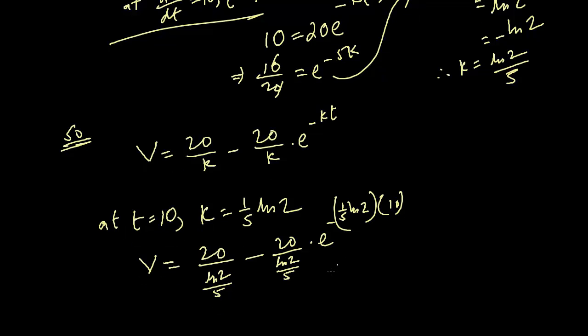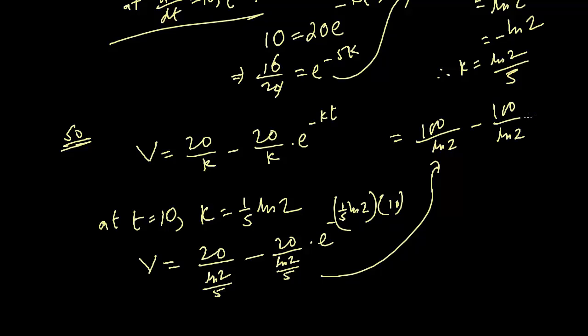So we can simplify this and write, 20 divided by 1 by 5 is going to be 100 by ln 2 minus 100 by ln 2, and this 5 and this 10 cancel, it becomes 2. So this becomes e to the power minus 2 ln 2.